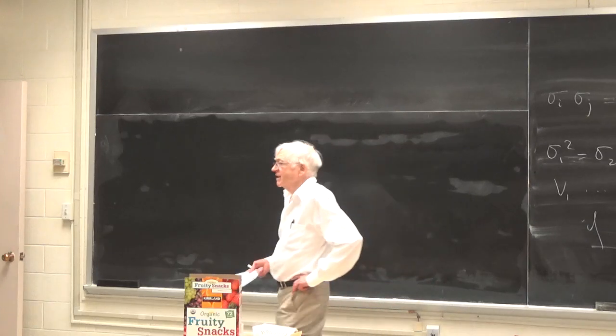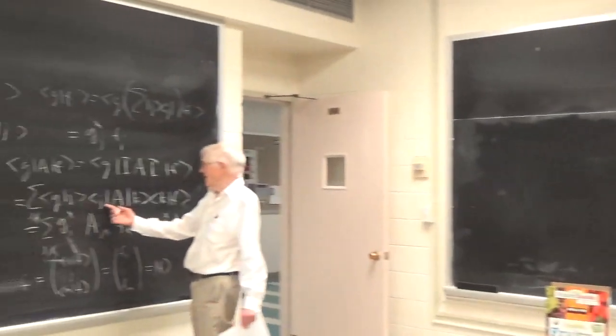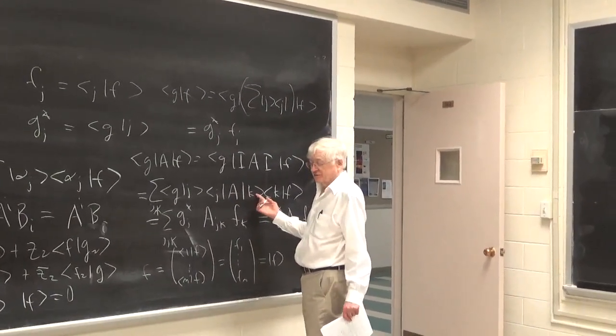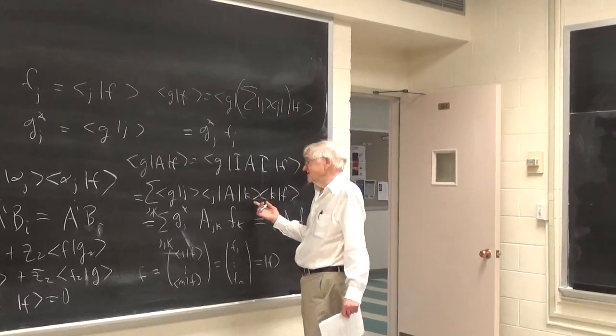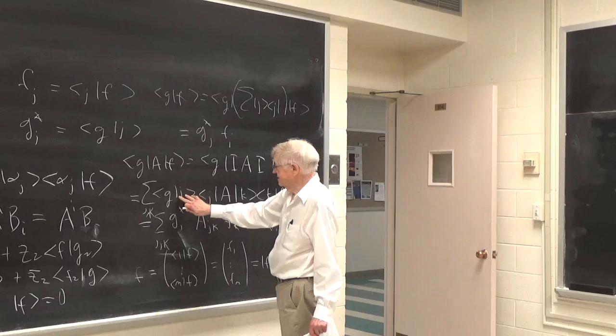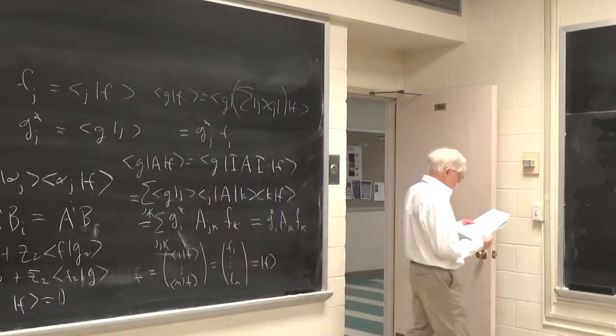So if you have here an expression, G A F as this, I was using a basis that I called j, or equivalently k. If instead I had used a different basis, then we'd have a similar set of equations.